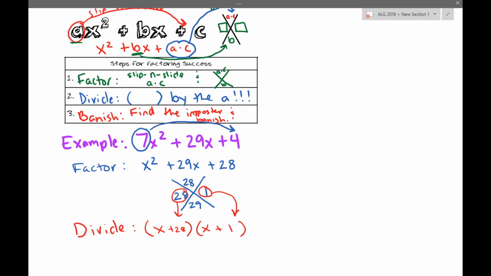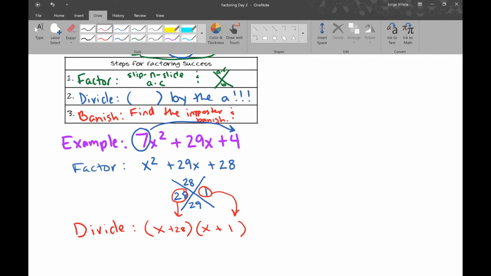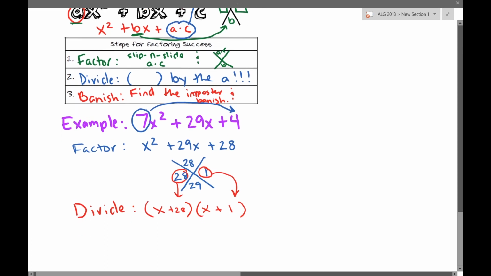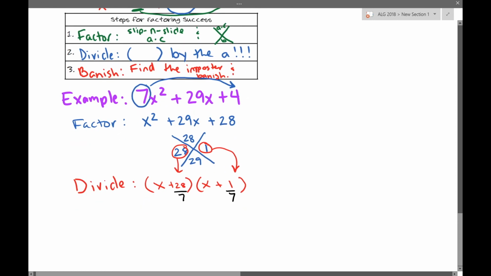Okay? So now it says divide the parentheses by the a. So what number was a? Well, 7 was a. So I'm going to divide the 2 numbers that I just got by 7. All right? So divide both of those. Now let's move on to step 3, banish.